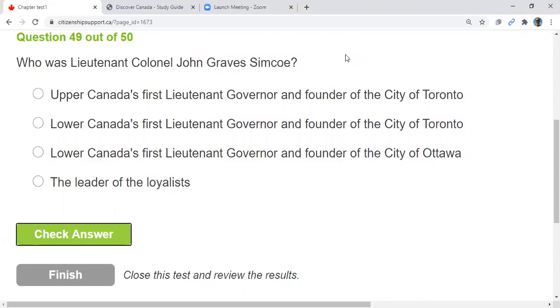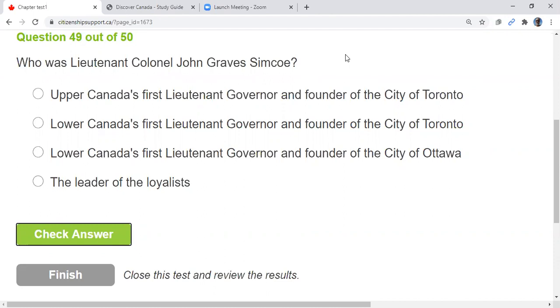Who was he? Upper Canada's first governor and founder of the city of Toronto.